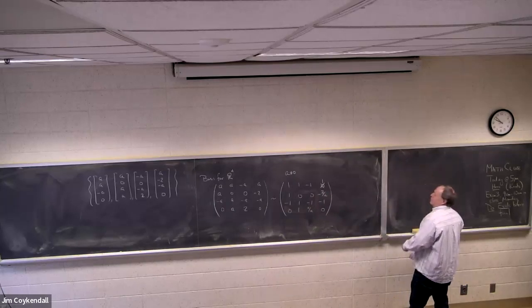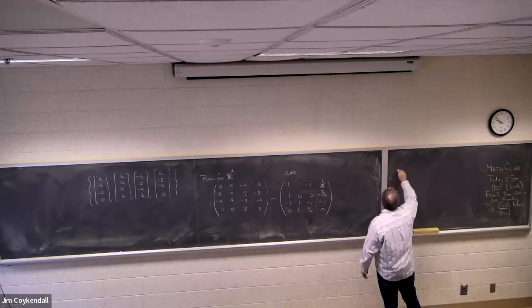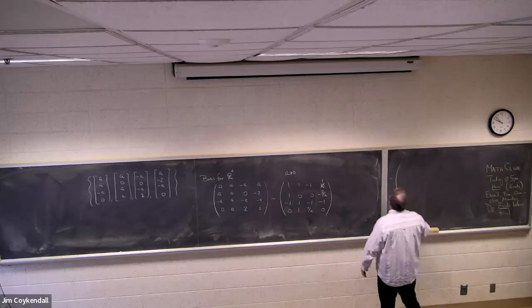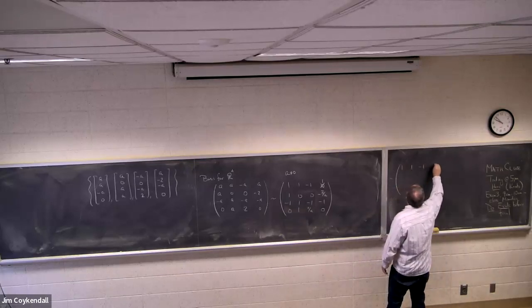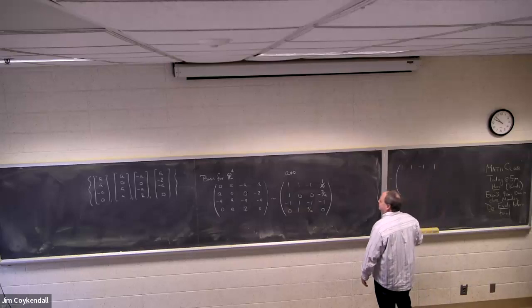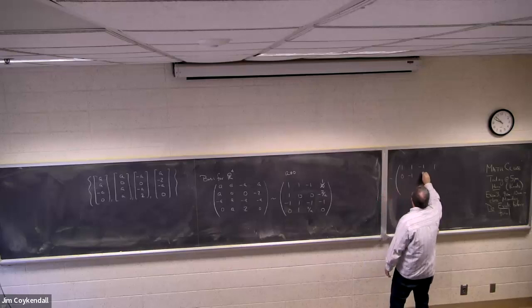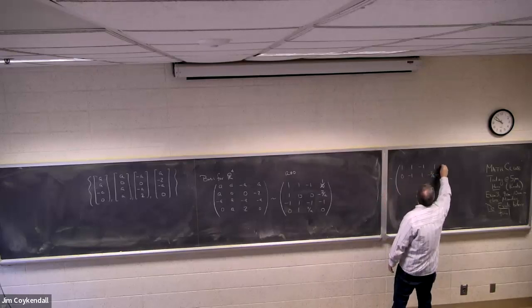I'll use the top row to take some stuff out. I'm not going to go all the way. I'm just going to go to where I can determine if I've got enough pivots. 0, minus 1, 1, and minus 2 over A. Minus 1.